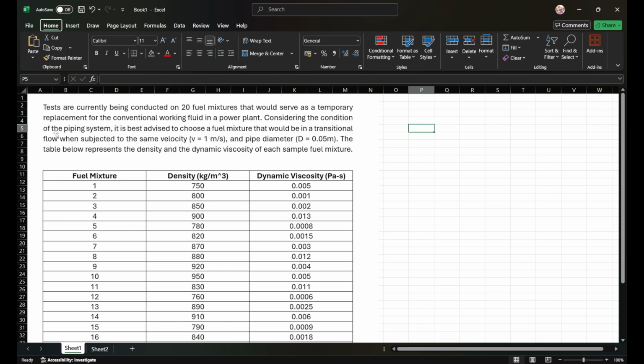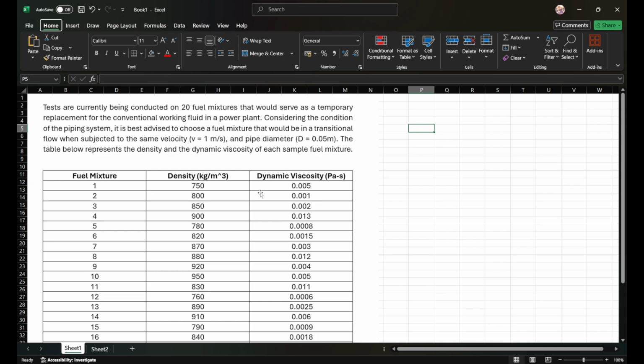Considering the condition of the piping system, it is best advised to choose a fuel mixture that would be in a transitional flow when subjected to the same velocity, which is 1 meter per second, and a pipe diameter of 0.05 meter or 5 centimeters. The table below represents the density and the dynamic viscosity of each sample fuel mixture.